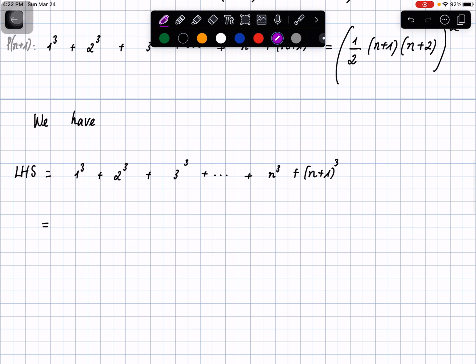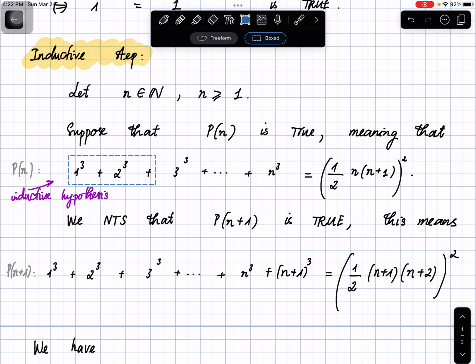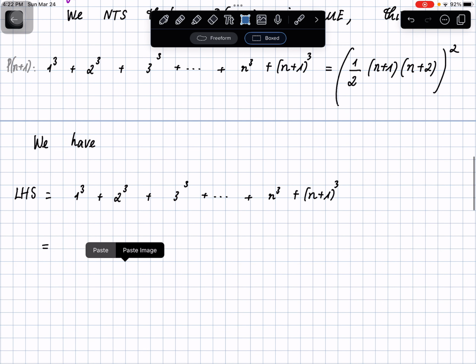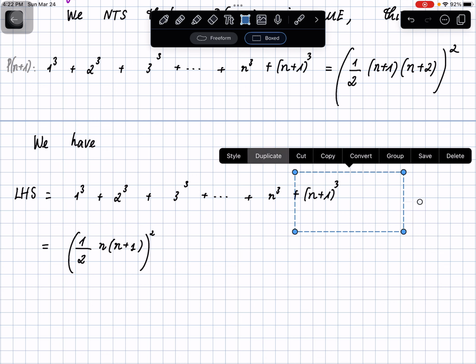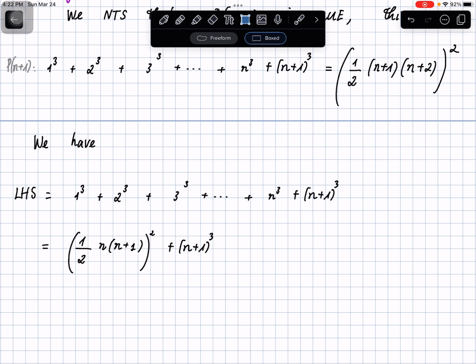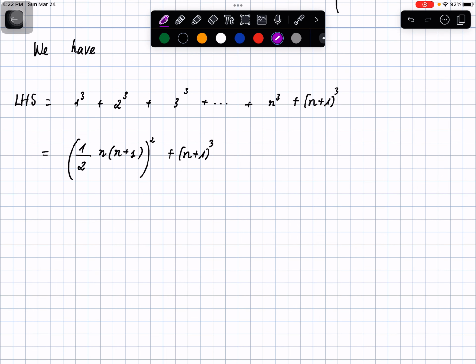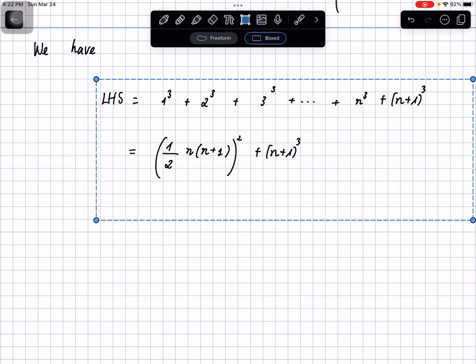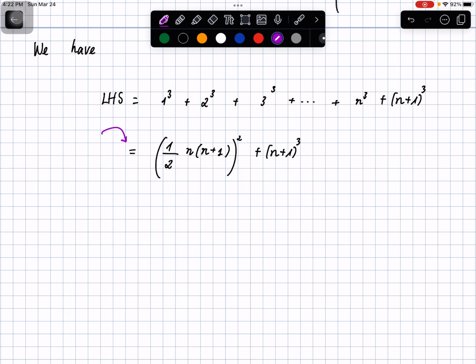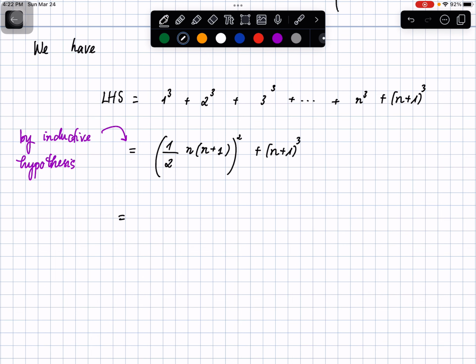Using the inductive hypothesis, we know that the sum of the first n terms is this value, and we add the last one. This is true because of the inductive hypothesis. Now we do the computation.